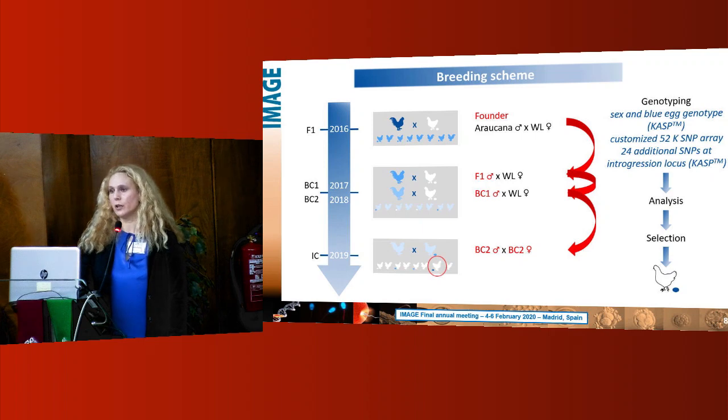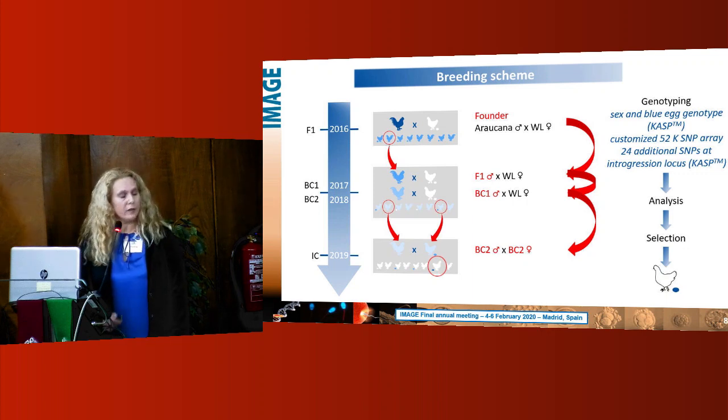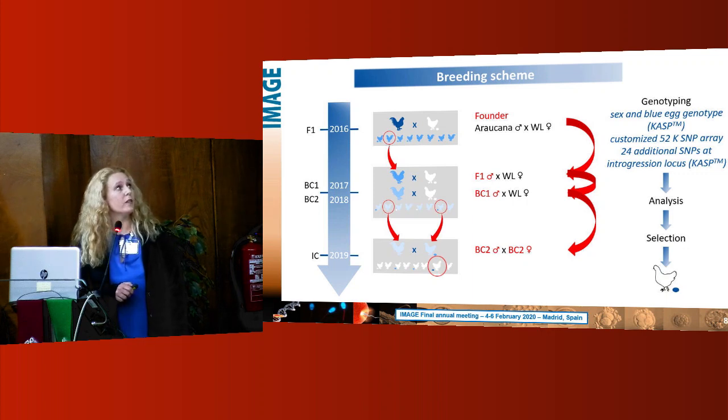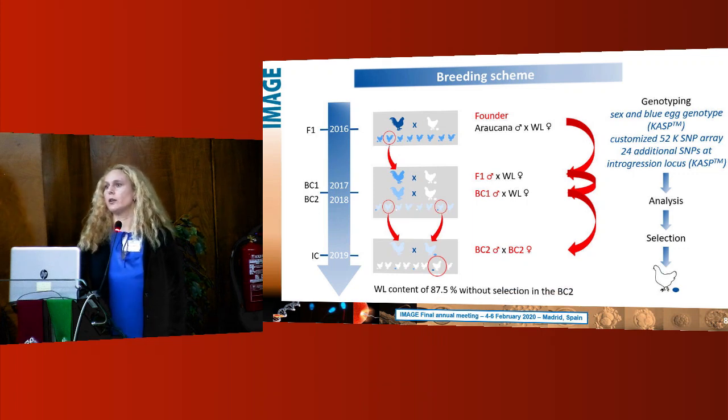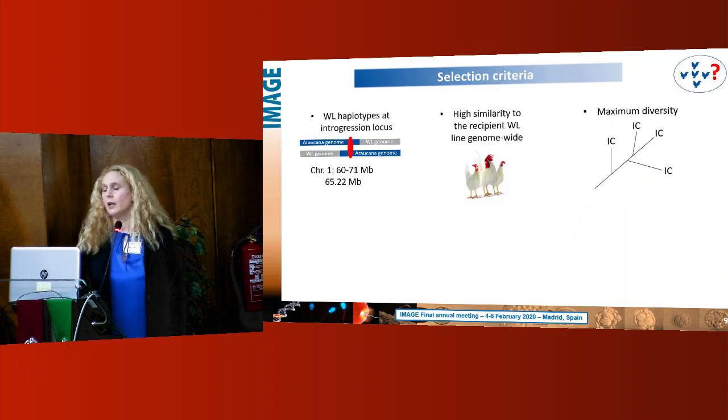Between the generations, analysis was done, and we selected the best animals for the next mating. Normally, we would expect a White Leghorn genome content of 87.5% for a BC2 generation without selection.